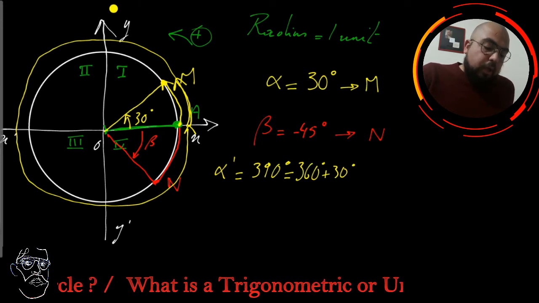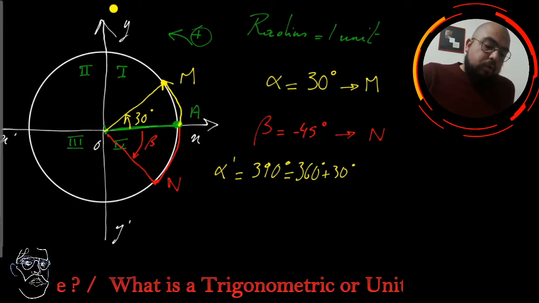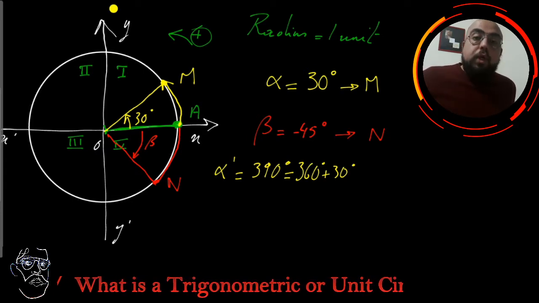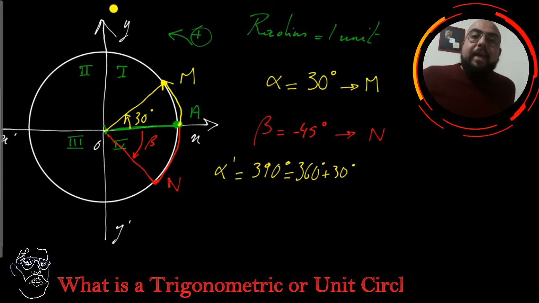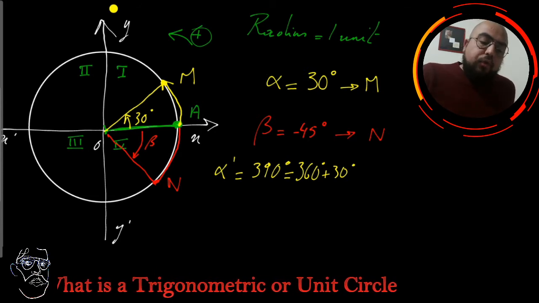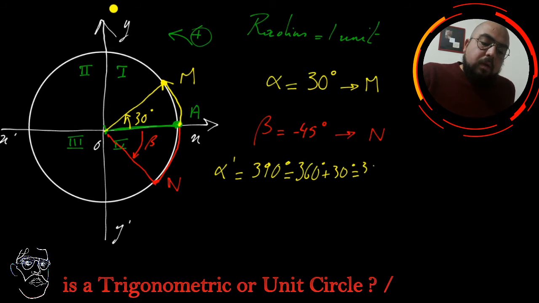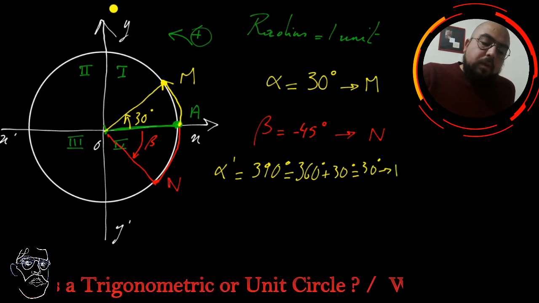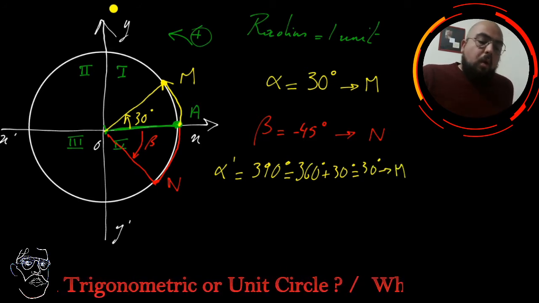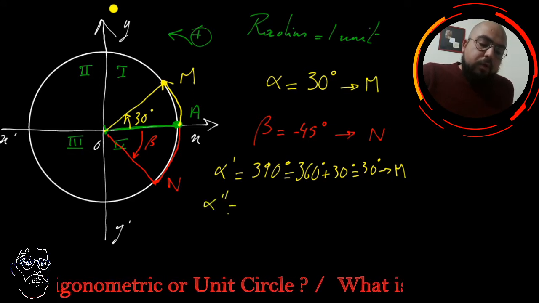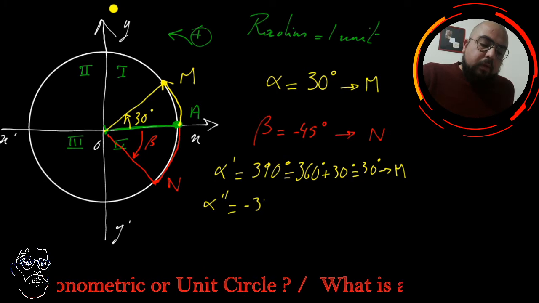Whenever you're doing a full revolution, it could be one full revolution, two full revolutions, three, it depends. You're going to get to the same point. So 360 plus 30 degrees is simply the same thing as 30 degrees, and it's going to get me to the point M. What about the angle, for example, alpha double prime, which is equal to minus 330 degrees?